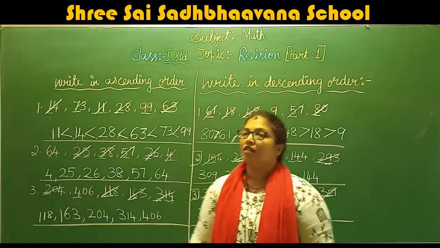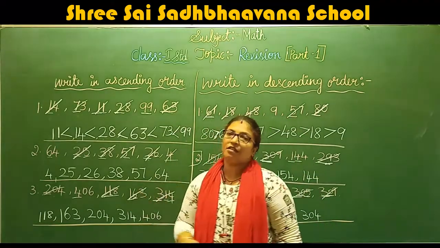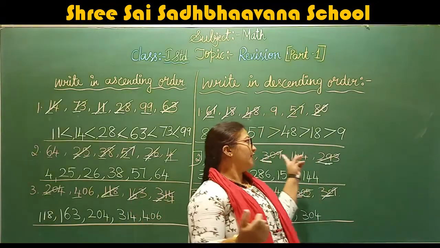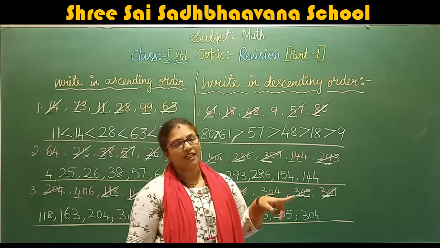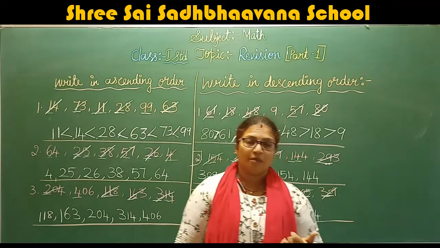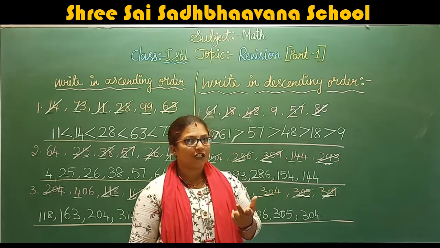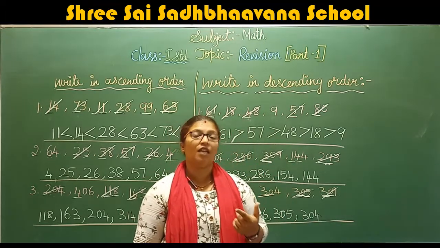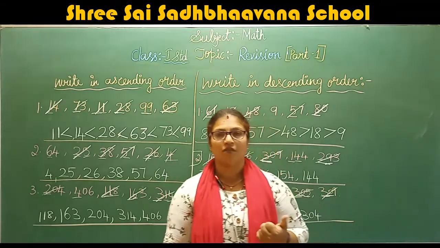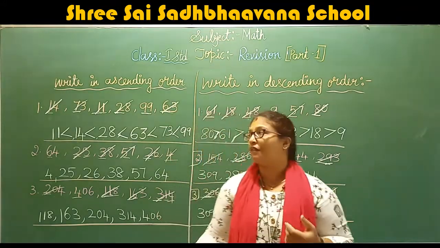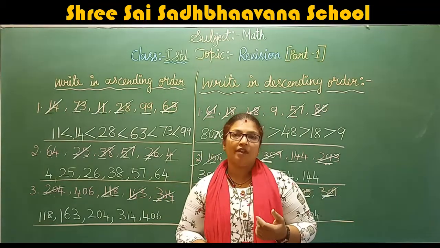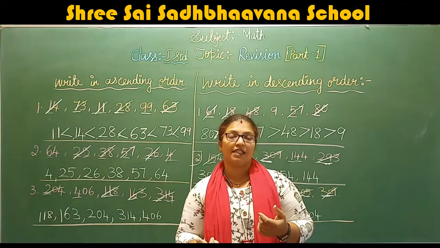Understood, children? Ascending order is from the smallest number to the biggest number. Descending order is from the biggest to the smallest number. So from where do we have to take the numbers? If it is 2-digit numbers, we look at the tens place number, whichever is smallest or biggest, that we write. In ascending order, you should see the smallest number first, then the biggest number.